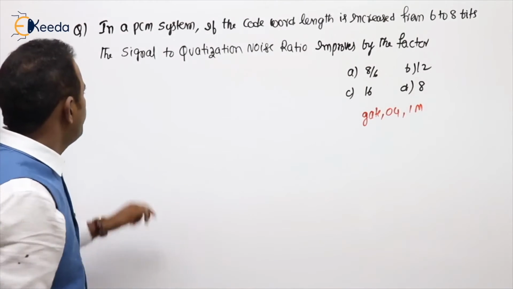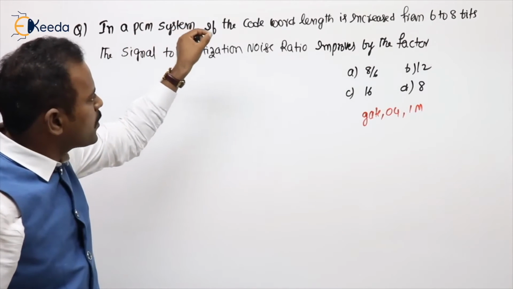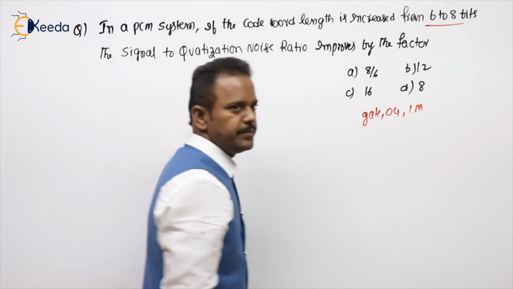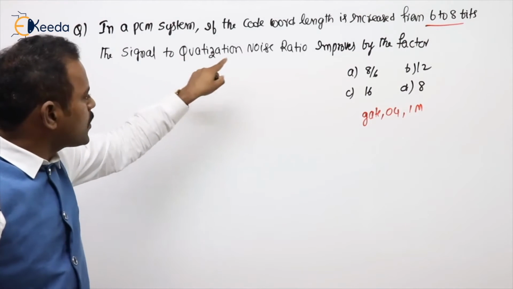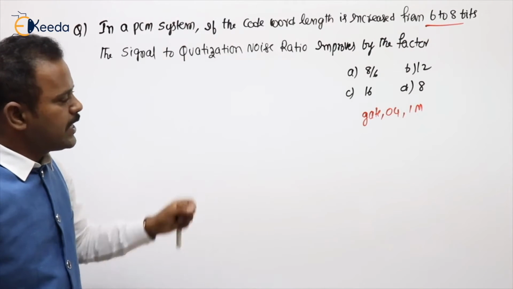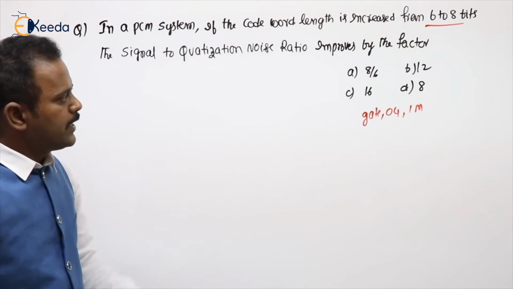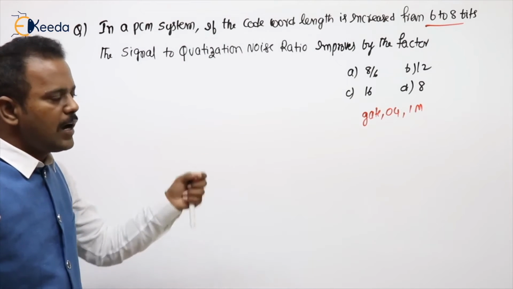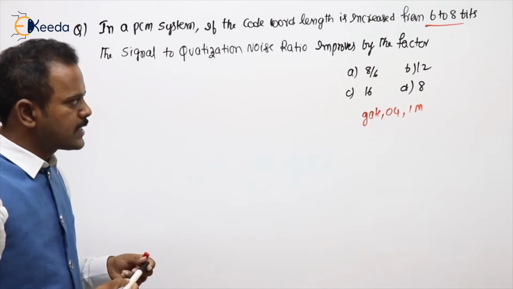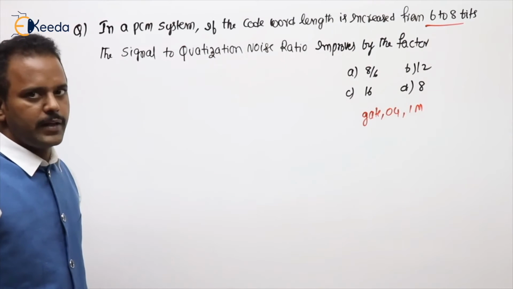See the next problem. In a PCM system, if the code word length is increased from 6 to 8, the signal to quantization noise ratio improves by a factor. Option A 8 by 6, option B 12, option C 16, option D 8. This problem was asked in the 2004 GATE examination for 1 mark.